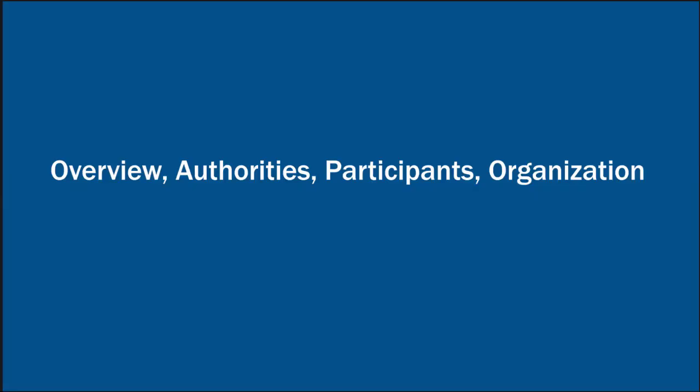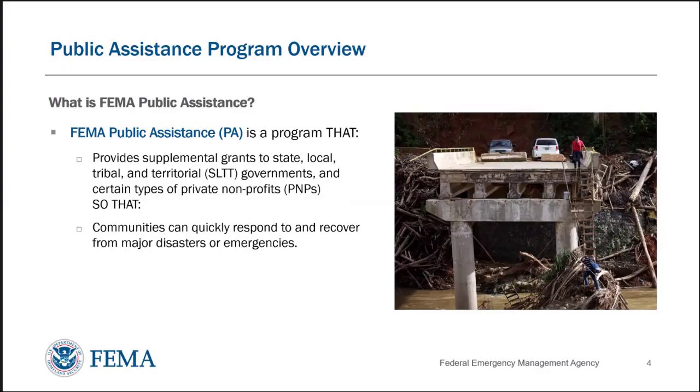The first part we're going to discuss is the overview of the Public Assistance Program, where its authorities come from, who participates in it, and its actual organization. What is FEMA Public Assistance? Within our agency, the Federal Emergency Management Agency, we have different sections.